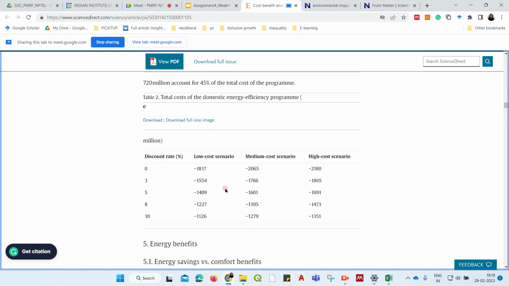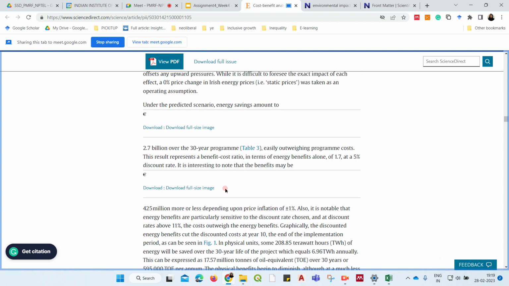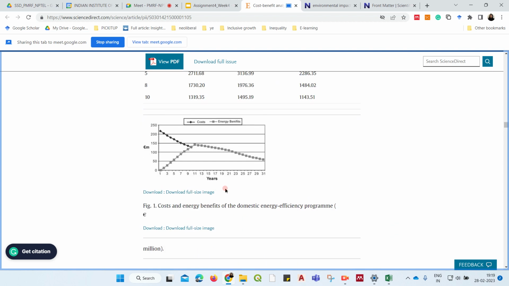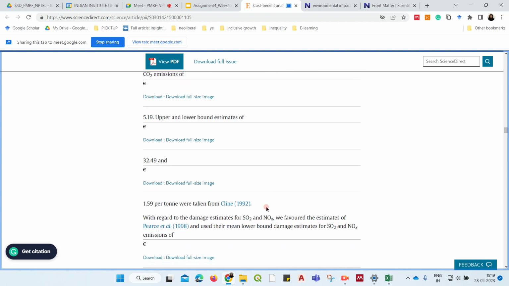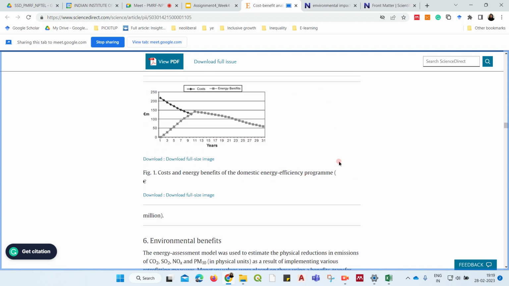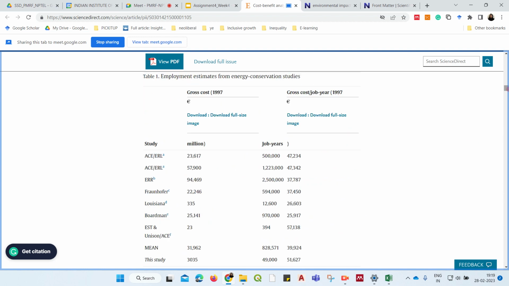Such analysis has been done by this study, and if you want to see more, you can see from this image how cost and energy benefits are perceived over the years. So you can go and take a look at this study.